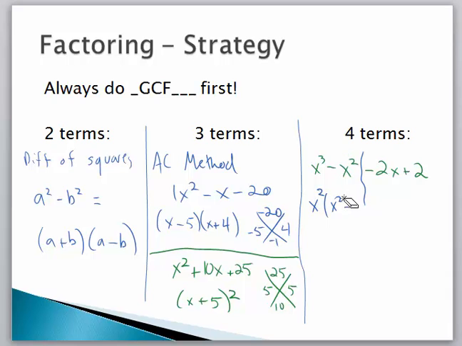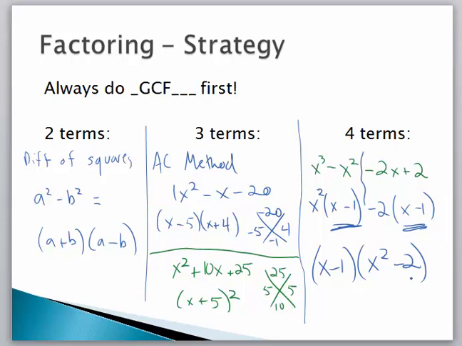So I factor out the x squared, and what does that leave me with? X minus 1. And then I factor the common factor out of the second two, which in this case will be negative 2, and I get x minus 1. And then my common factor is now a binomial, so I factor that out, and I factor out the x squared minus 2, and I can't do anything further with that.